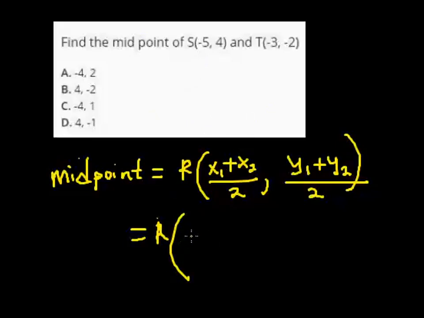What's my x1? x1 is minus 5, then of course plus minus 3. So minus 5 minus 3 divided by 2. Then y1 is minus 2, then plus 4 divided by 2.